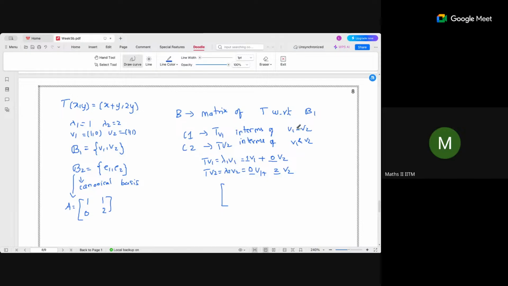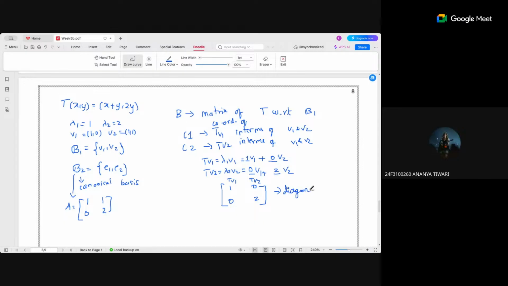So what is the first column? What are the coordinates of TV1? 1 0. And what are the coordinates of TV2? 0 and 2.